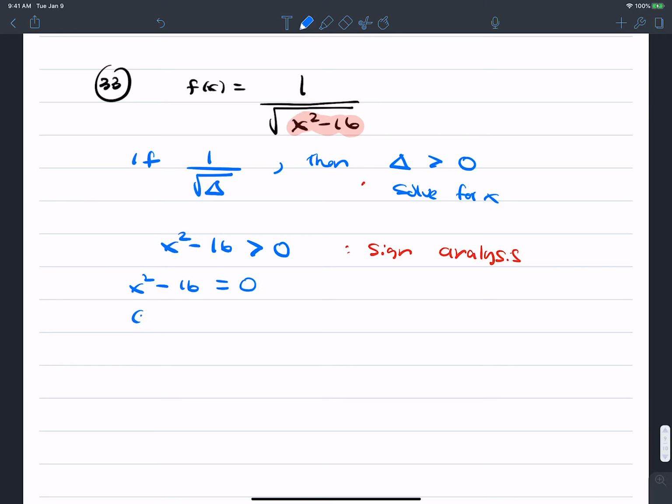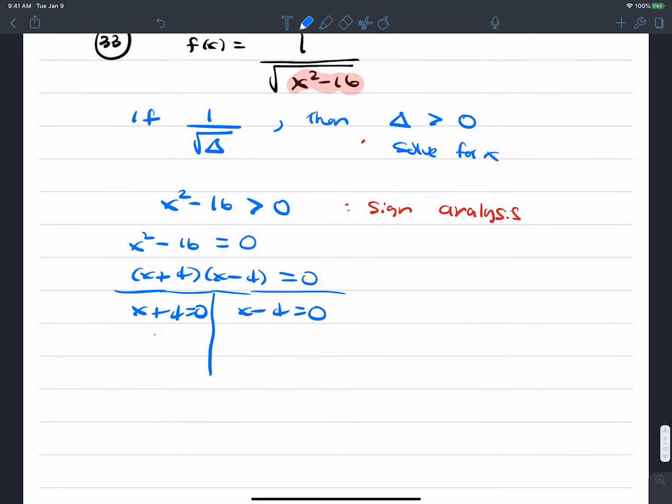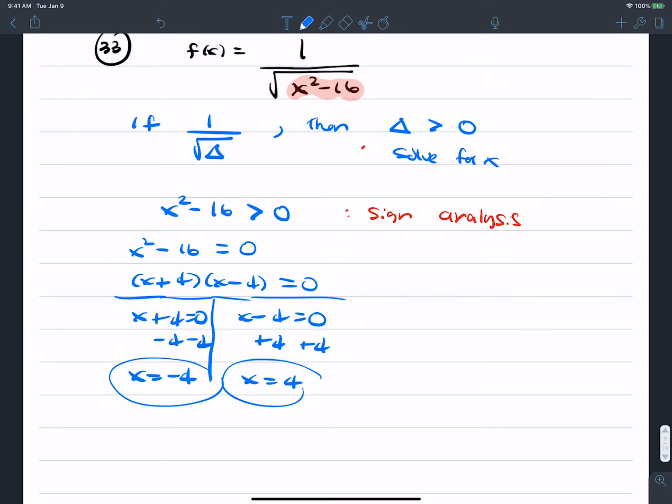And solving the equality, remember, this is x plus 4 times x minus 4 is 0. Zero product rule: x plus 4 is 0, x minus 4 is 0. Subtract your 4, and we get x is negative 4. Add your 4, we get x is positive 4. So here are our solutions for sign analysis.